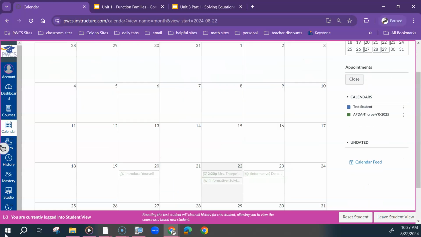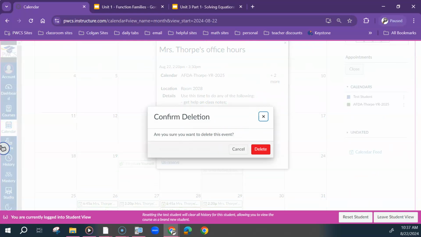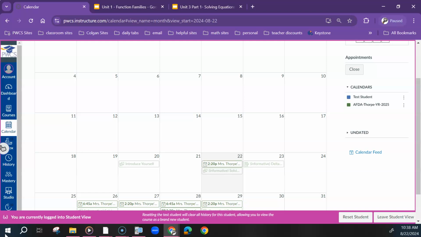And then it'll gray itself out. If you need to cancel, you just go back in and hit unreserve. So that video goes through that, and you can pause it, replay it as many times as you need. Questions on any of that?